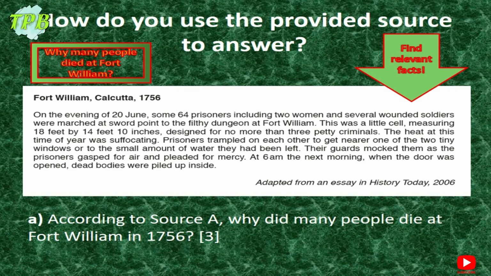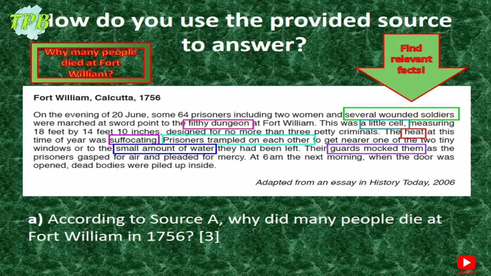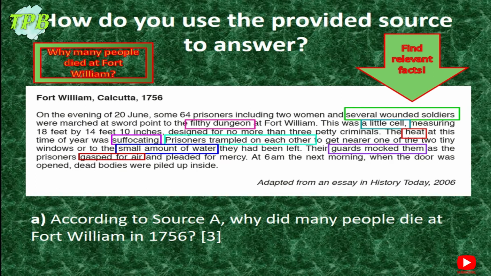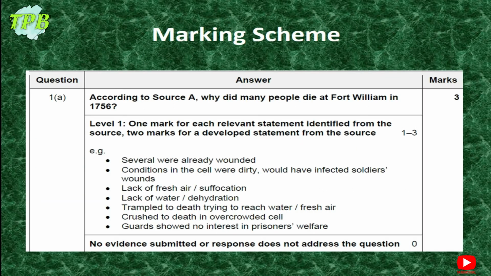The facts which we have picked up are several wounded soldiers, filthy dungeon, a little cell, the heat, suffocation, prisoners trampled on each other, small amount of water, the guards mocked, they gasped for air. Now here you can see that we have picked up all of the factors which were listed in the source provided. Now let's have a look whether these match the marking scheme or not.